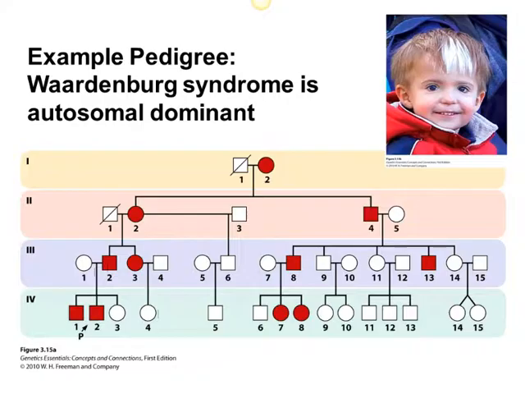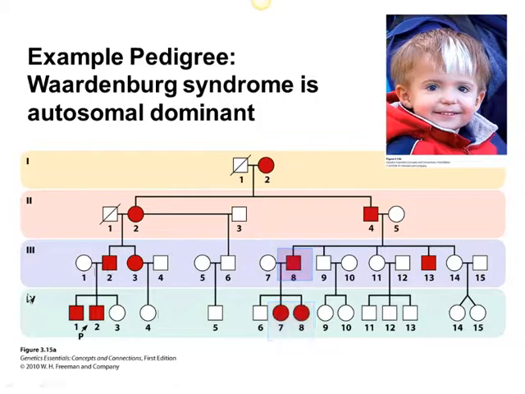So these individuals here, Roman numeral 4-1 and Roman numeral 4-2, each have a parent, Roman numeral 3-2, that has the trait. Then over here, Roman numerals 4-7 and 4-8 have a parent, Roman numeral 3-8, that has it.